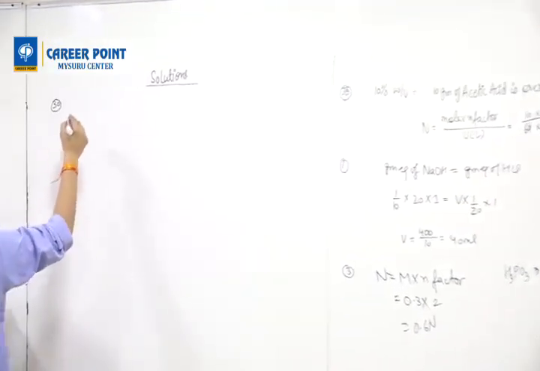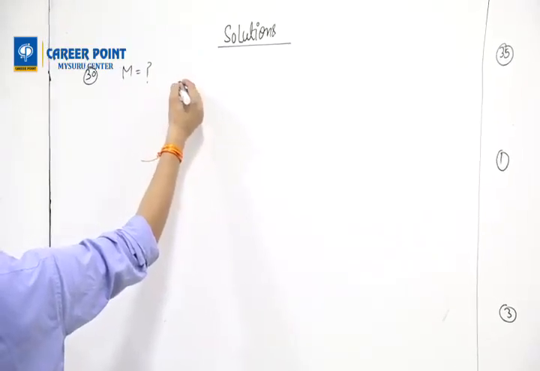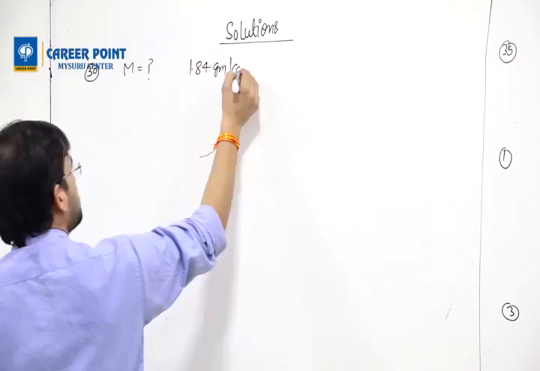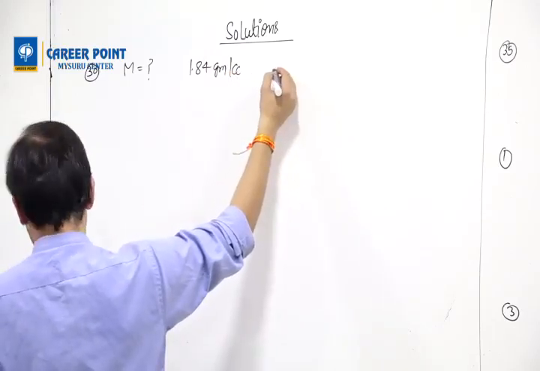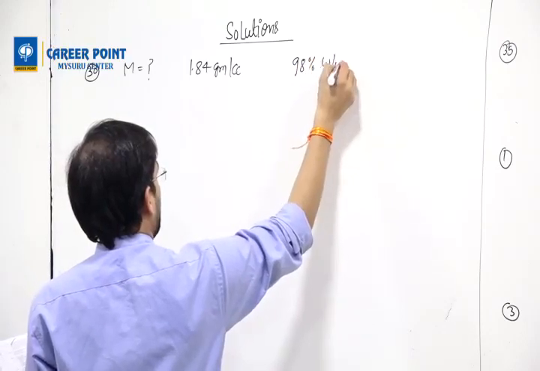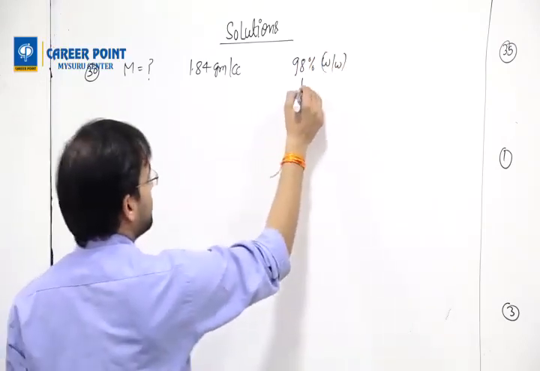Question number 30 is saying that you need to find molarity. What data is given? 1.84 gram per cubic centimeter and 98% W by W. Let me read this line first.